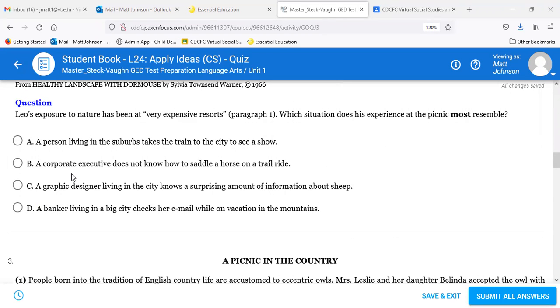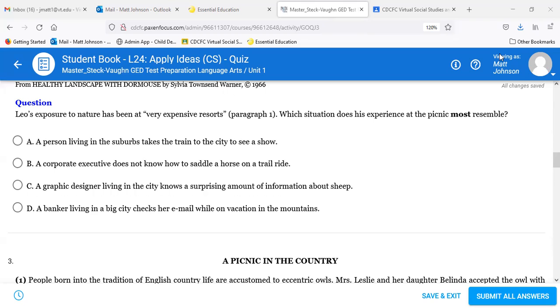Okay. Question 2. Leo's exposure to nature has been at very expensive resorts. Paragraph 1. Which situation does his experience at the picnic most resemble? A. A person living in the suburbs takes a train to the city to see a show.